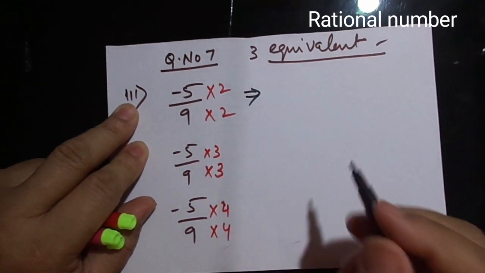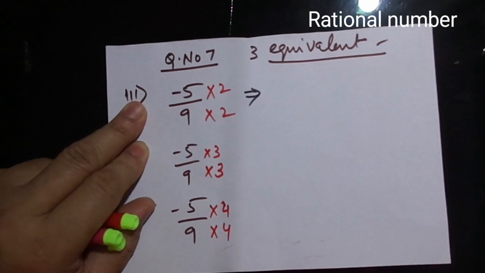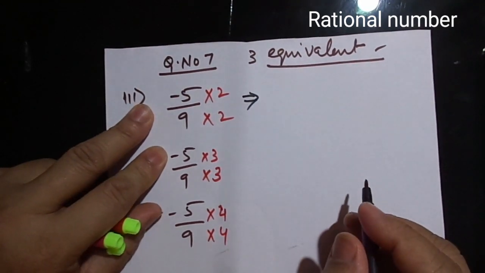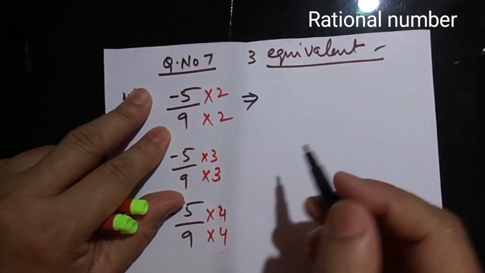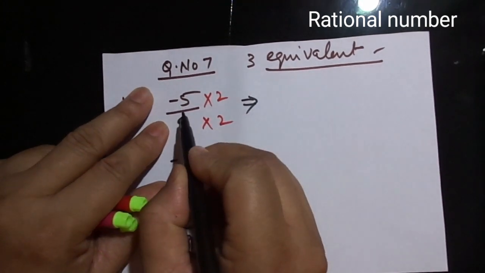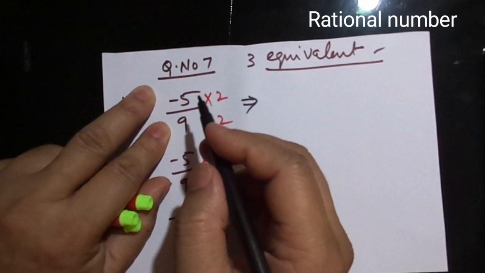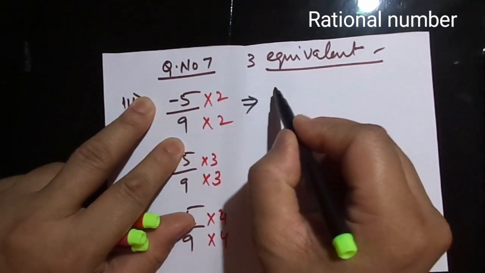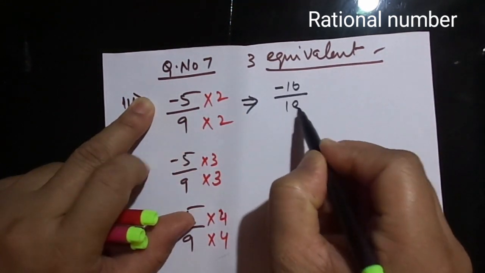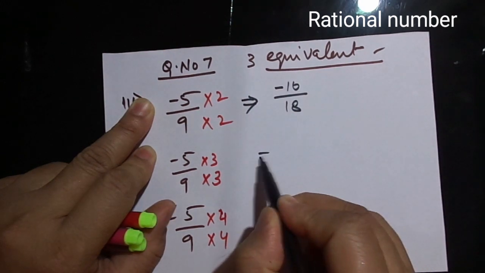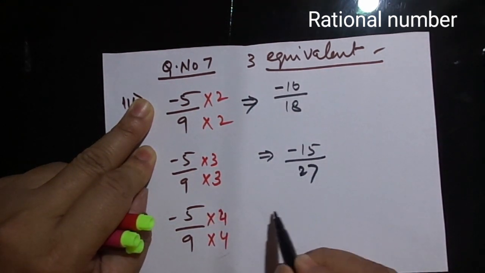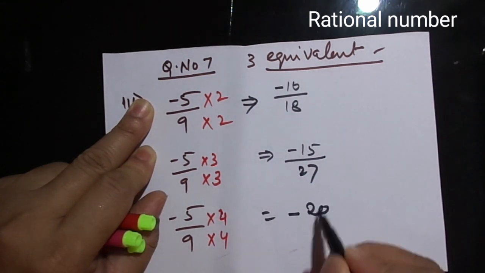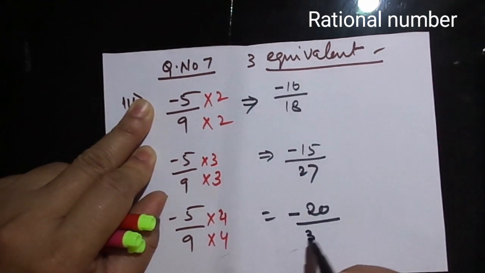Can I multiply by 3000? Choose a small number. Because mathematics is not about choosing difficult problems. It is solving difficult problems in an easy way. Minus 10 by 18, minus 15 by 27, minus 20 by 36.